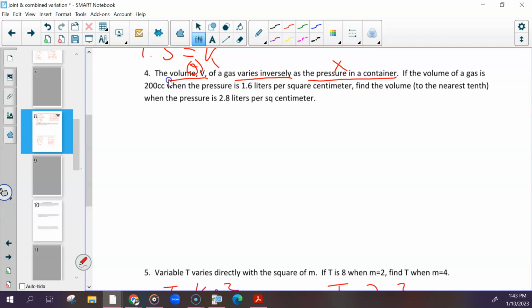Then it says if the volume of a gas is 200 cc when the pressure is 1.6 liters per square centimeter, before we start that, set up your equation but using V. It's inversely. How would we set this up?